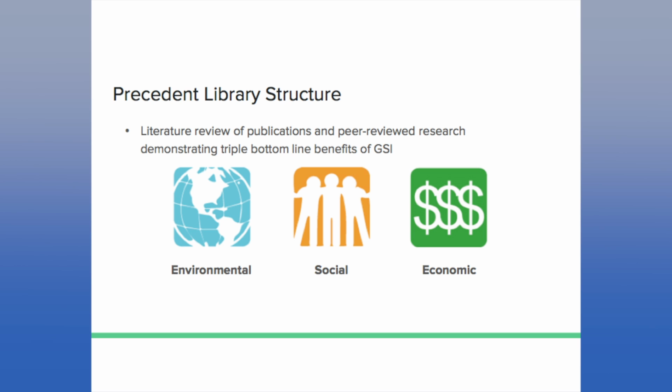The project team did a very comprehensive literature review of publications and peer-reviewed research to demonstrate the triple bottom line benefits of green stormwater infrastructure. That included local reports on the economic impact of GSI, reports that were double purpose for everything, that were presented at our events and proved to be a really solid base for demonstrating some of these areas.